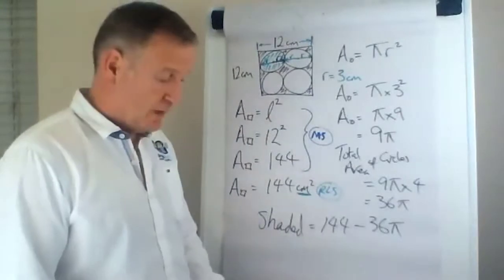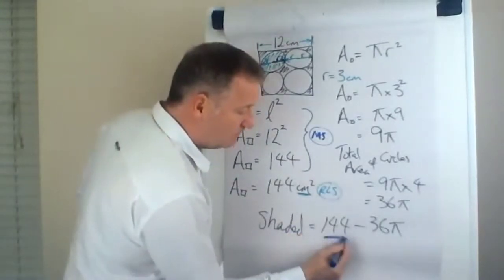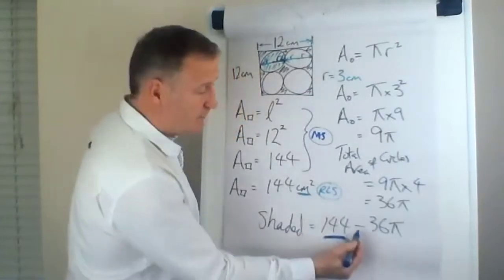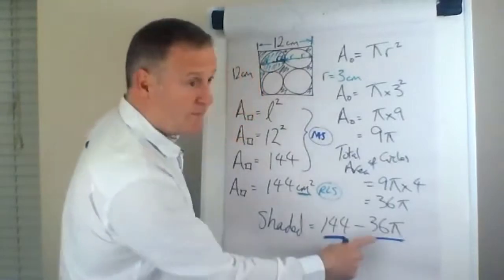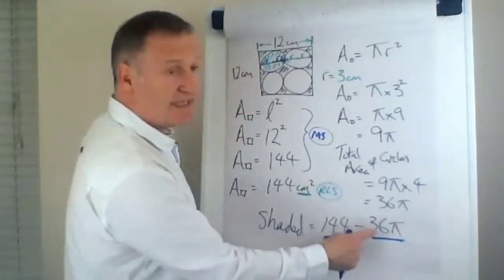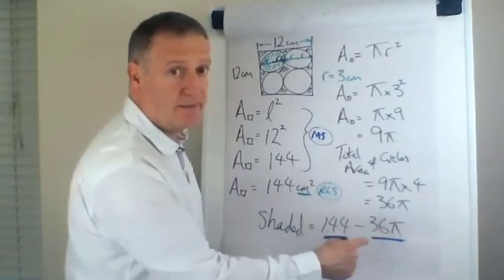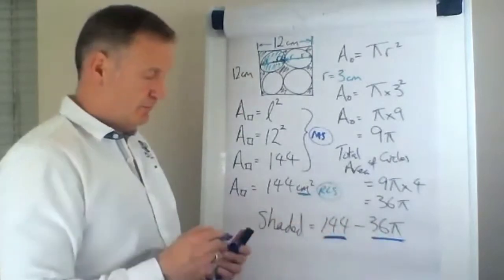Right, so if you think back to when we've done this work before, this is a term here, separated by the subtraction symbol, and this is a term here. The term is 36 of those things called pi. So that's in terms of pi. That's what it means. So that's your answer.